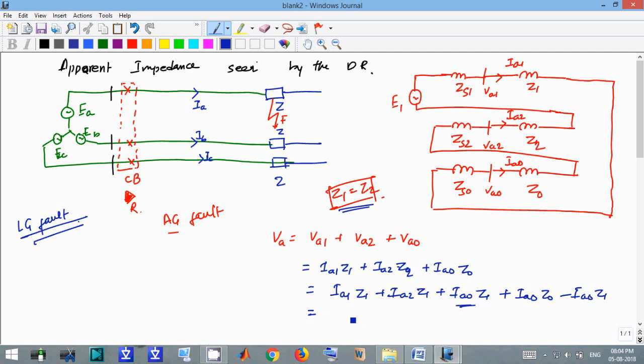If we take common Z1, this will be IA1 plus IA2 plus IA0, which is nothing but IA, plus, if we take common IA0, Z0 minus Z1 into IA0.